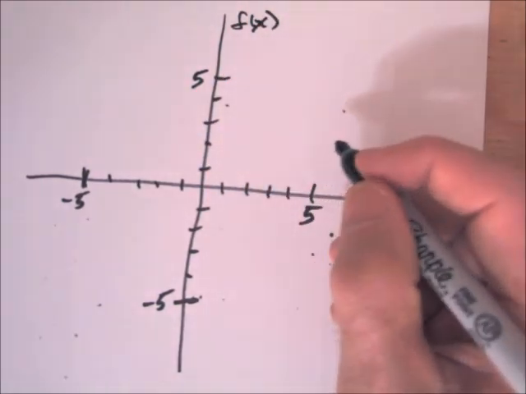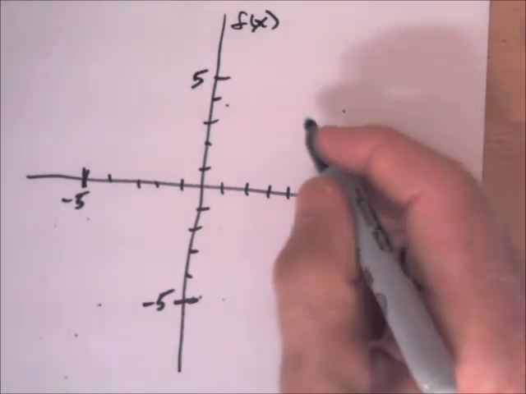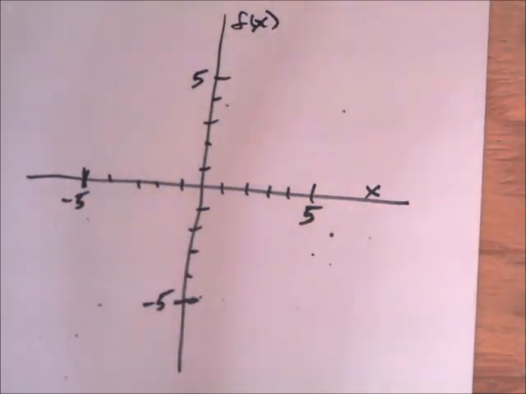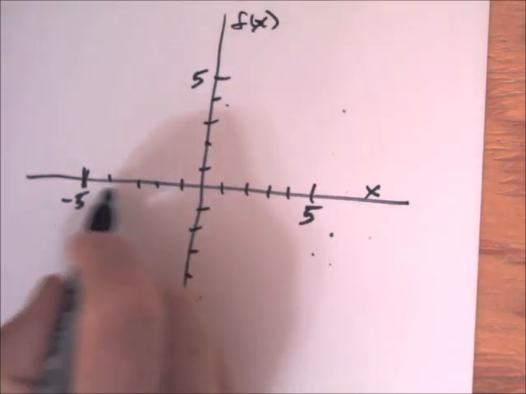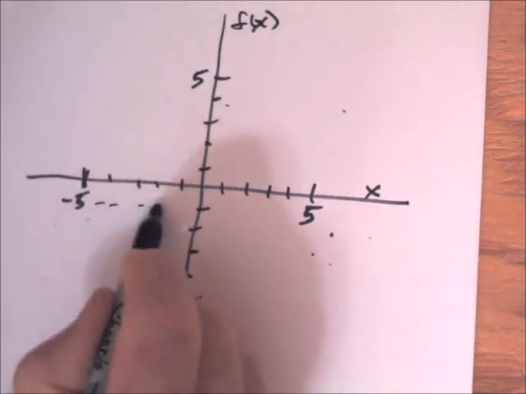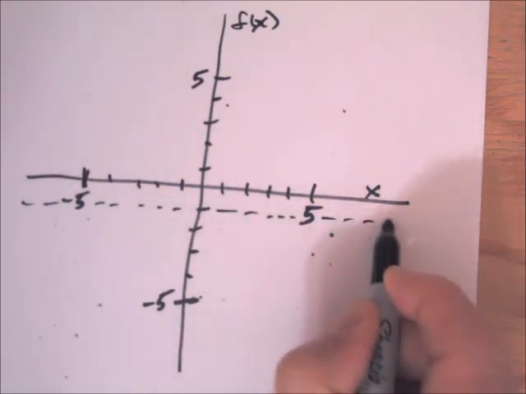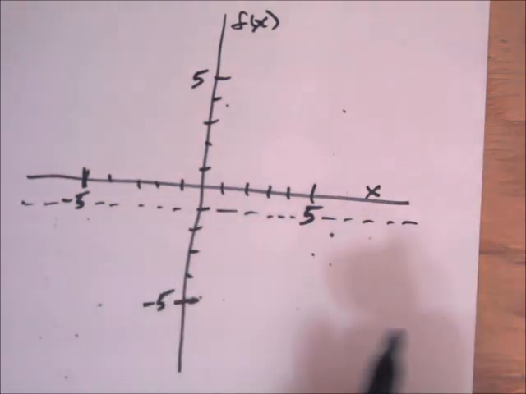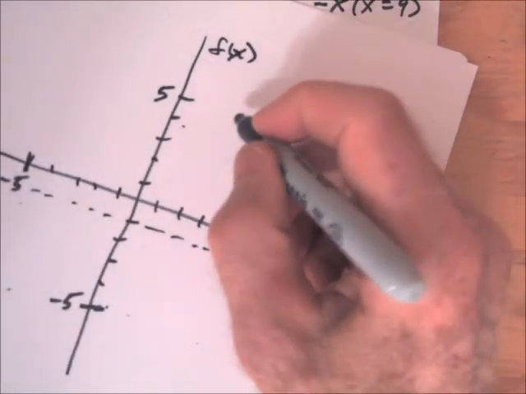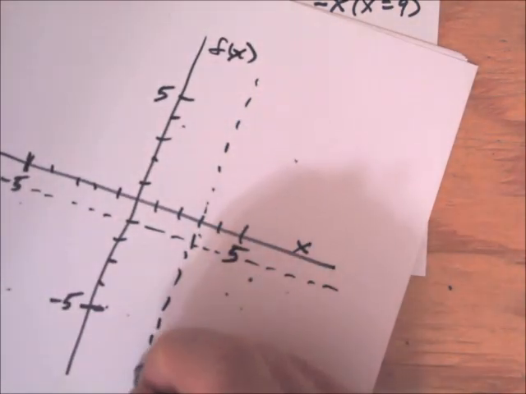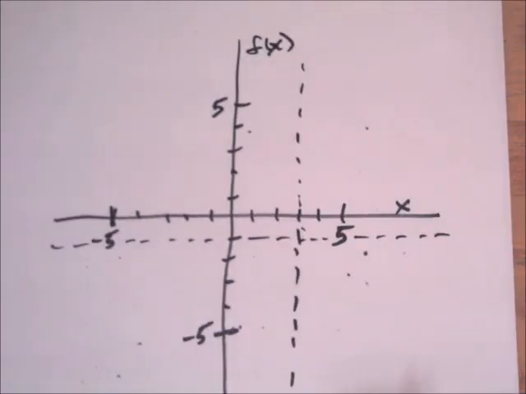Okay, so we're drawing a coordinate system. The horizontal scale is for x, the vertical scale is for f of x. We want a horizontal asymptote at y equal negative 1. So we put a dotted line for the asymptote there, and we'll have a vertical asymptote at x equals 3. Put a dotted line there, and then we can plot the points.